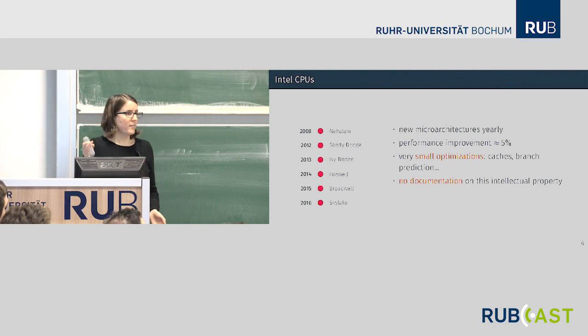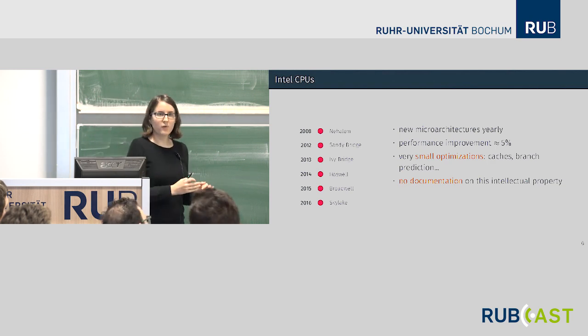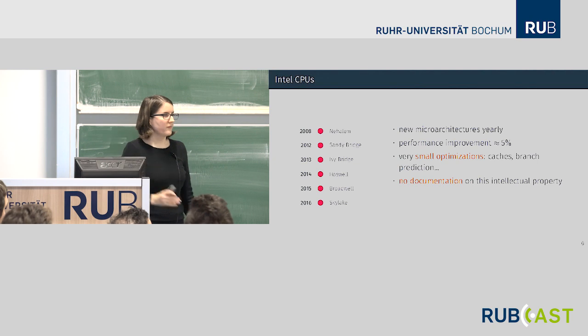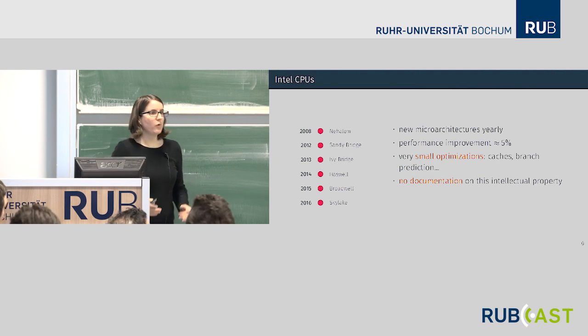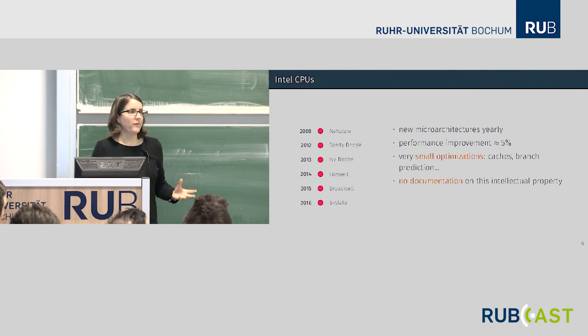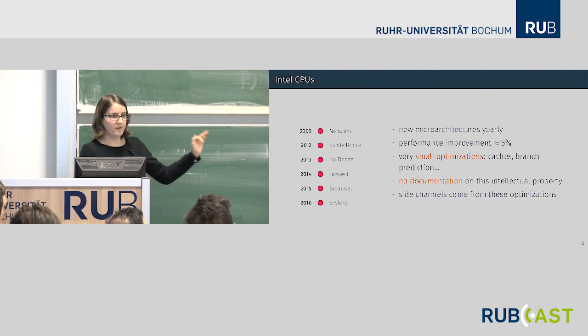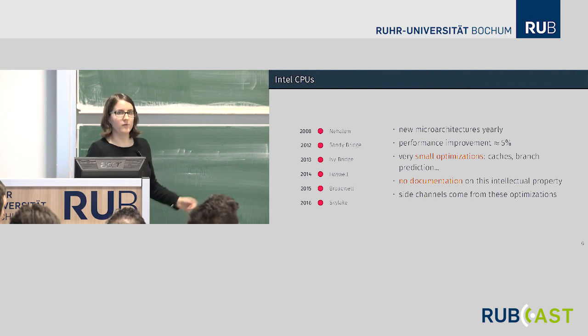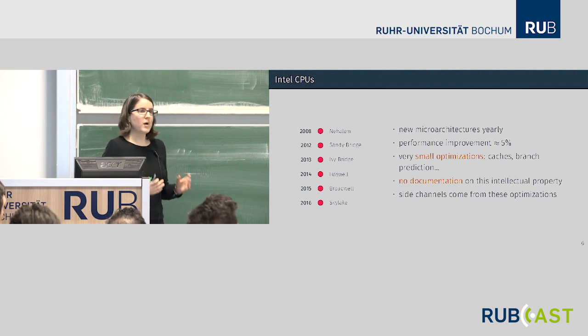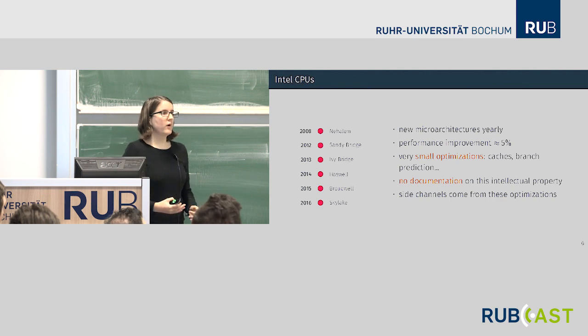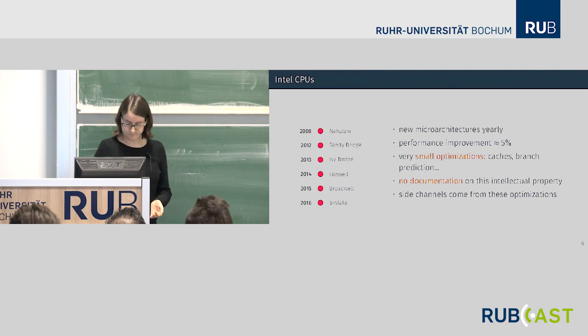That might seem weird because I said before that we have these 4,000 pages of documentation on Intel processors, but that's mainly on how to use them and not how they're built internally. The thing is that all these side channels come from these optimizations. So we would like to have more knowledge about these CPUs to assess what harm we can do with these side channel attacks.